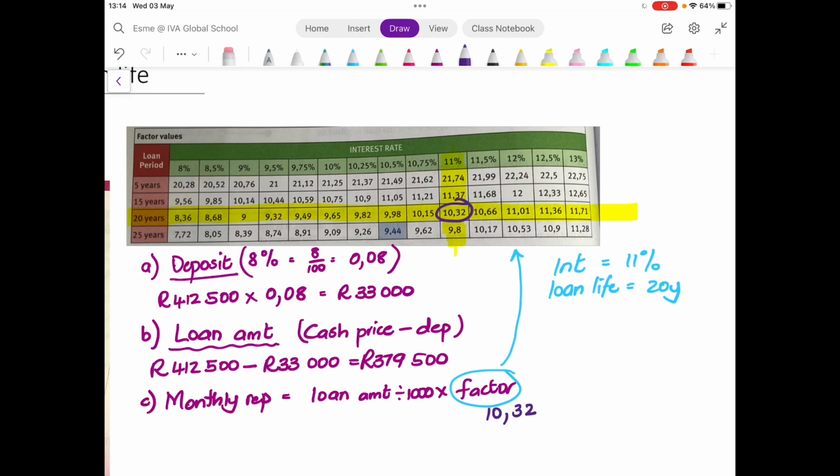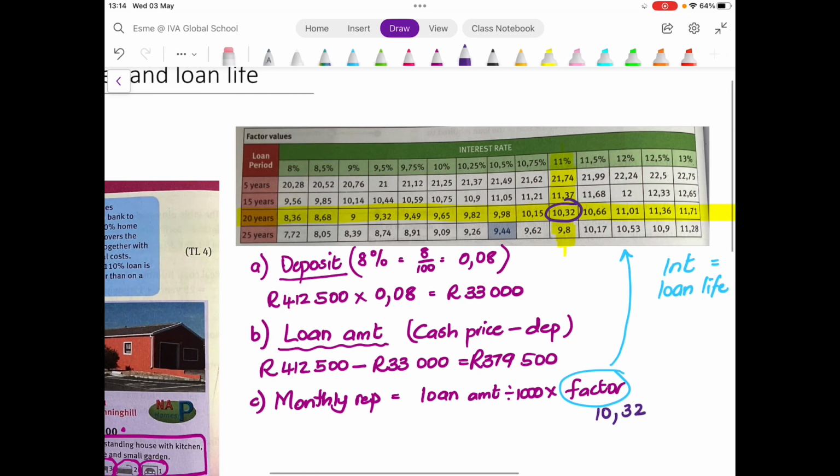So our factor is 10,32. Right, our loan amount was from the previous calculation, which is 379,500. I'm going to divide that by 1,000, and I'm going to multiply by the factor, which is 10,32.